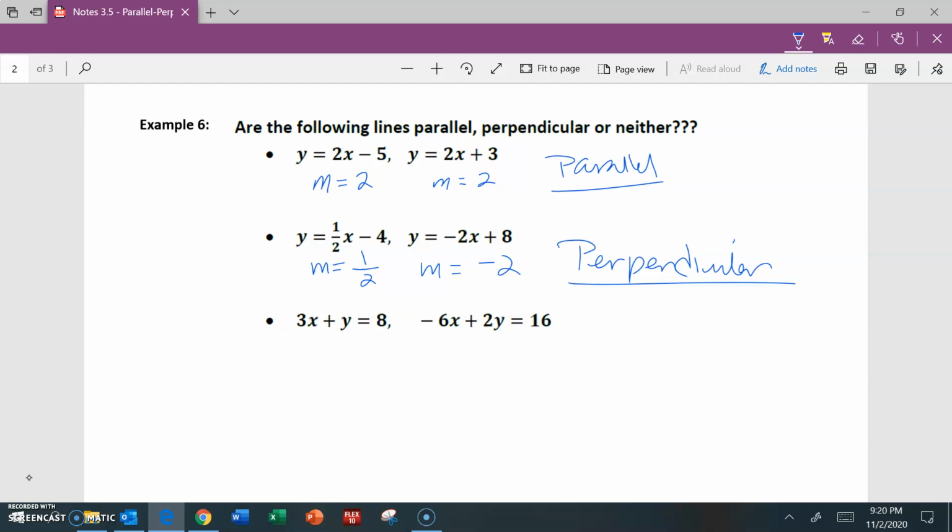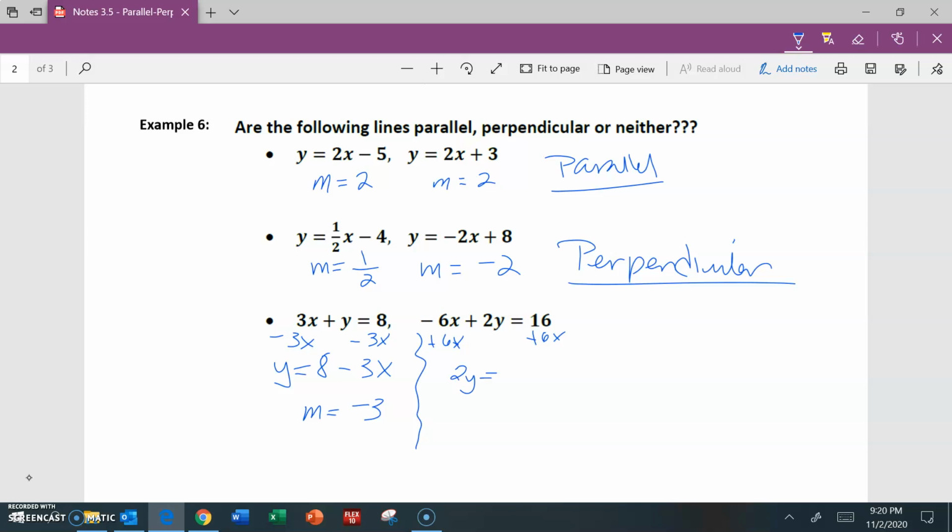Okay? And finally, these last 2 equations are not in slope-intercept form. So we can't just look at them and identify the slope like the first 2 bullets. I'm going to put them in slope-intercept form so that I can identify the slope. When y equals 8 minus 3x, our slope would be negative 3. In this one, we need to add 6x. We're trying to get y by itself.